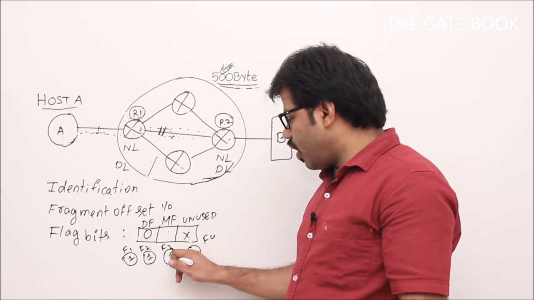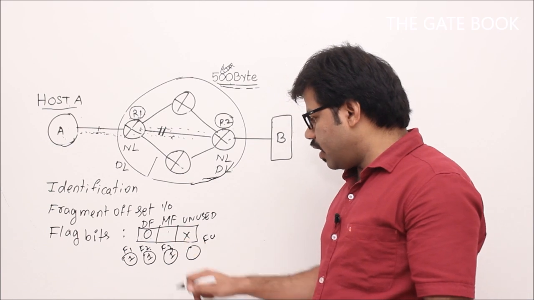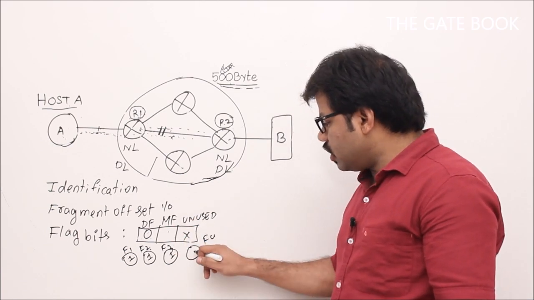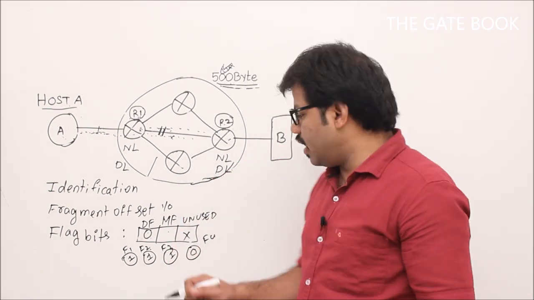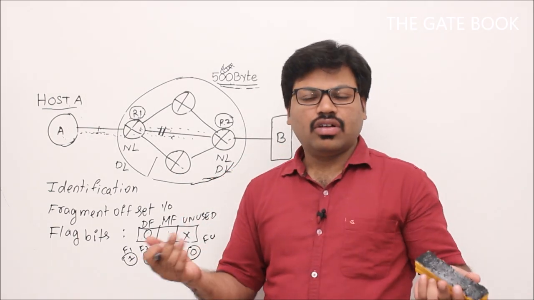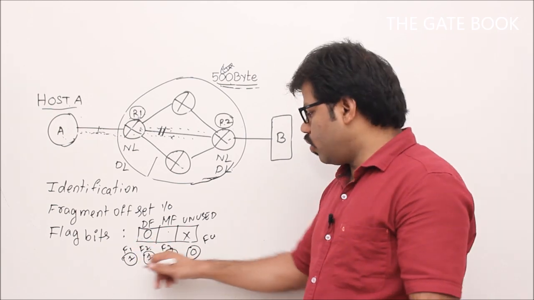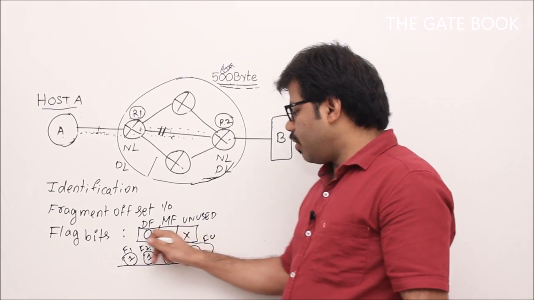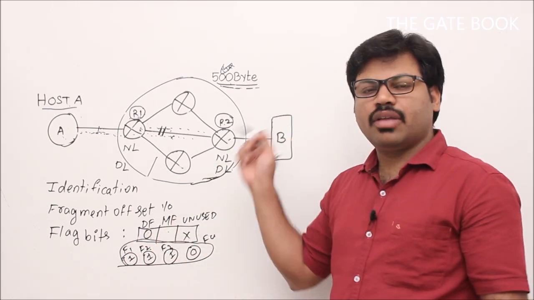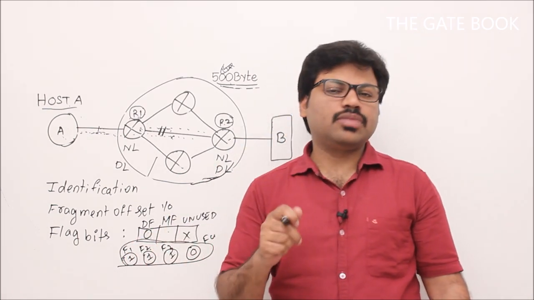The second fragment also has more fragments 1, and the third fragment also 1. For the last one, we keep more fragments 0, so that the receiver will understand how many fragments there are overall and how to merge them. We'll see how this more fragments bit will be used by your receiver. Remember that the receiver is going to use this bit.